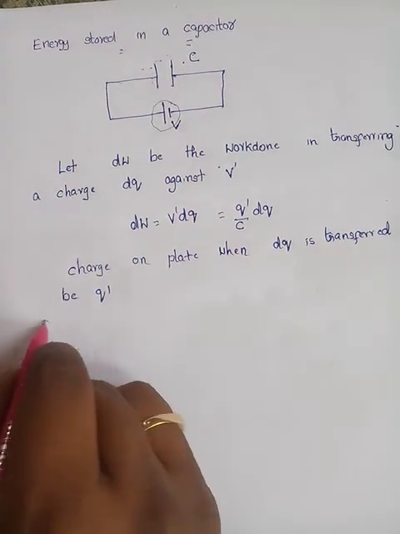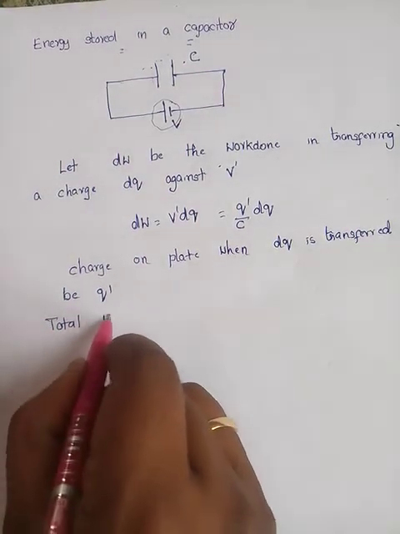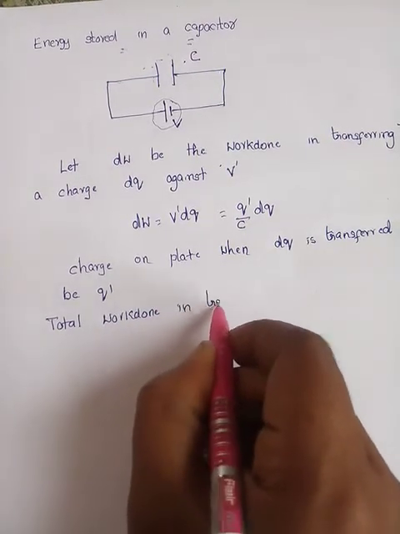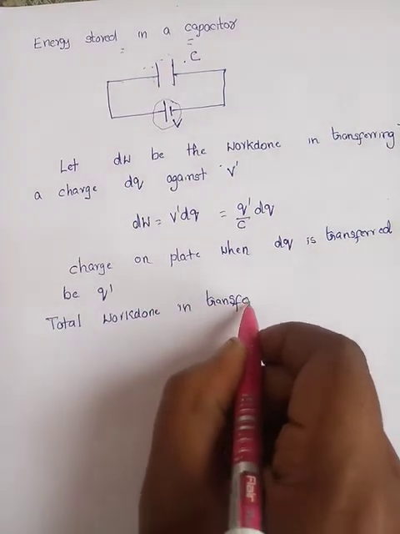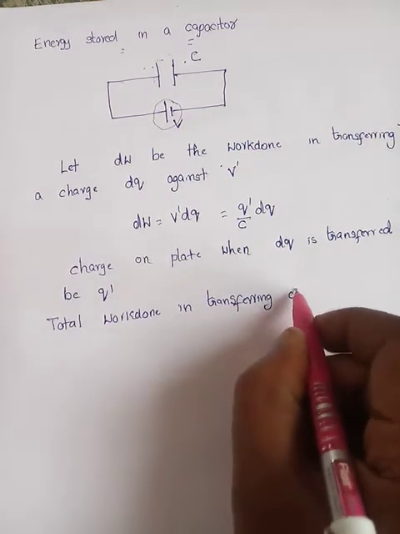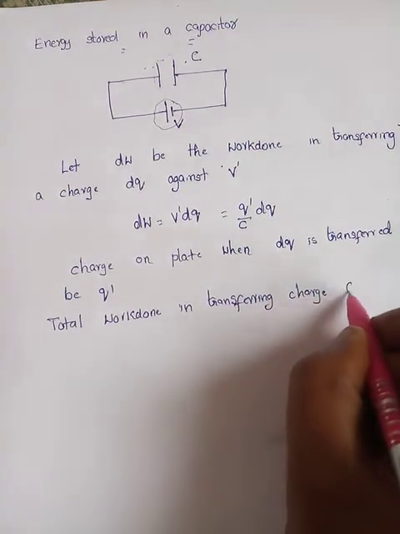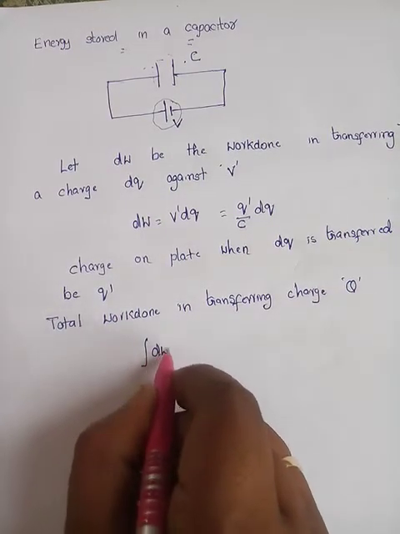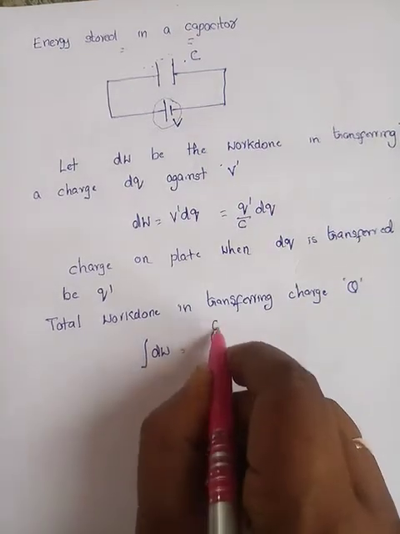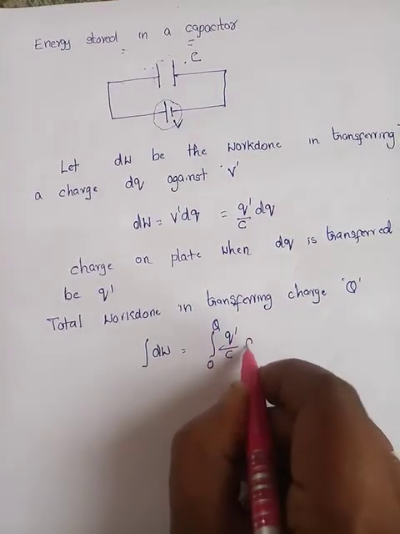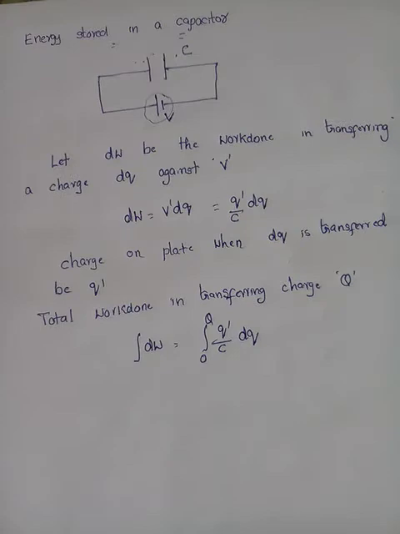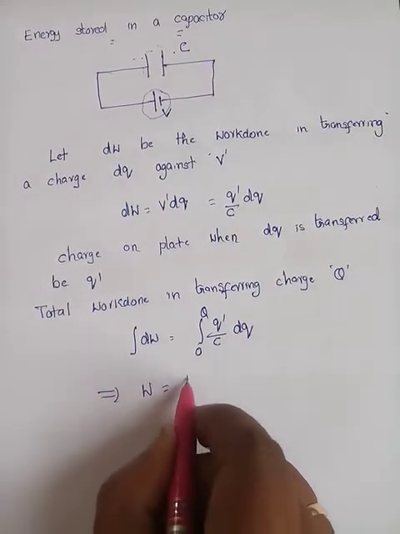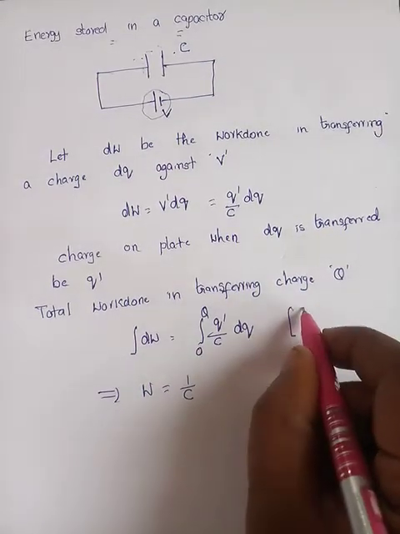Now the total work done in transferring charge, where the total charge is q. Integration of dw is equal to integration from 0 to q of q dash by c into dq. As we know, integration of dw is w, and c is constant so it goes outside. What formula can I use here?